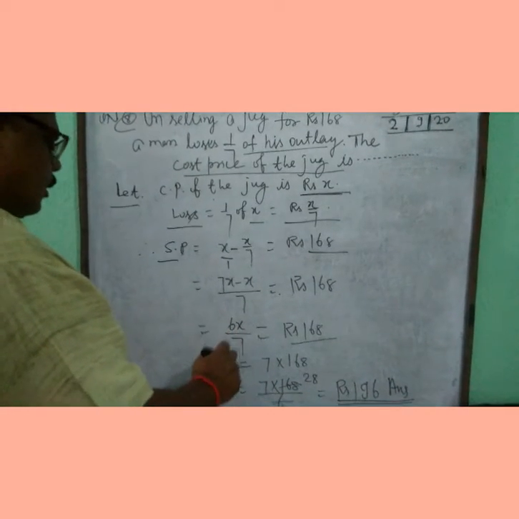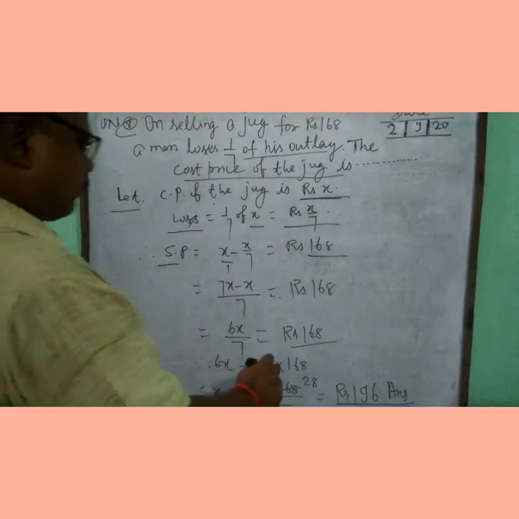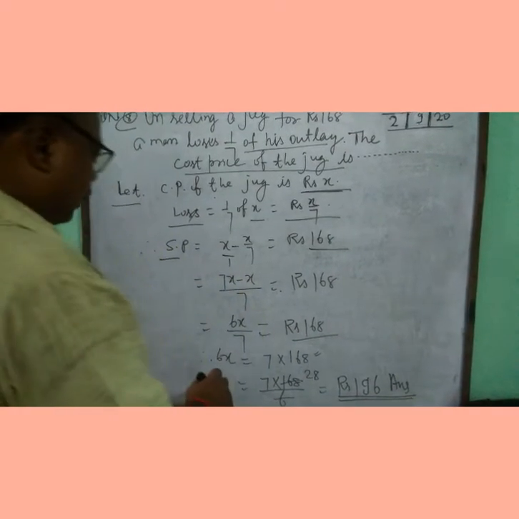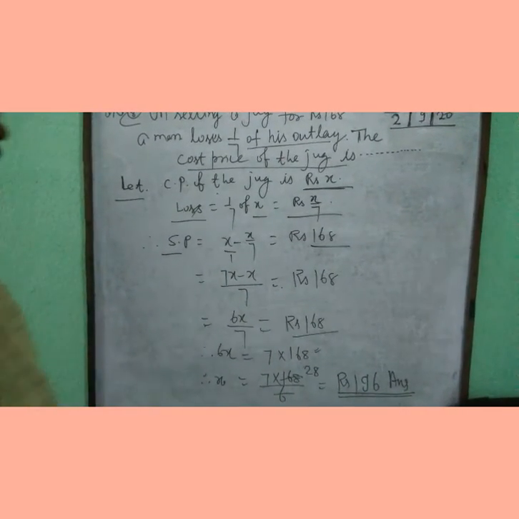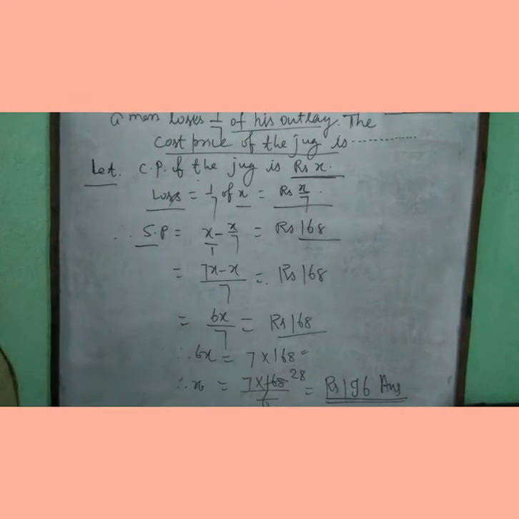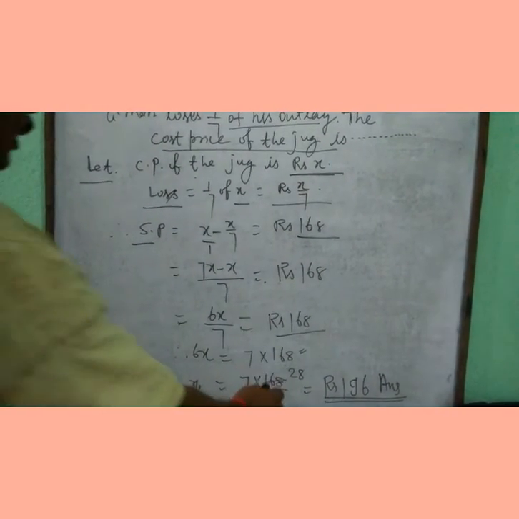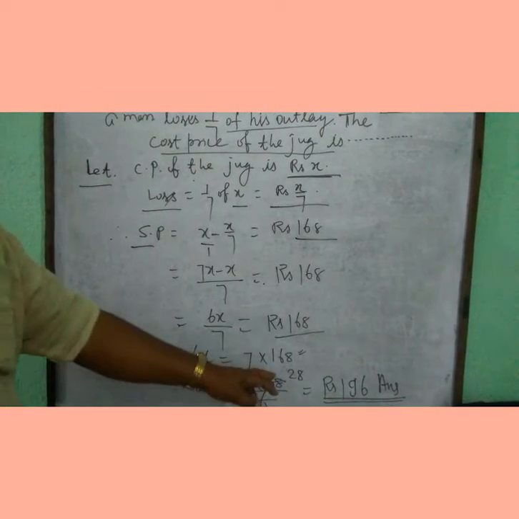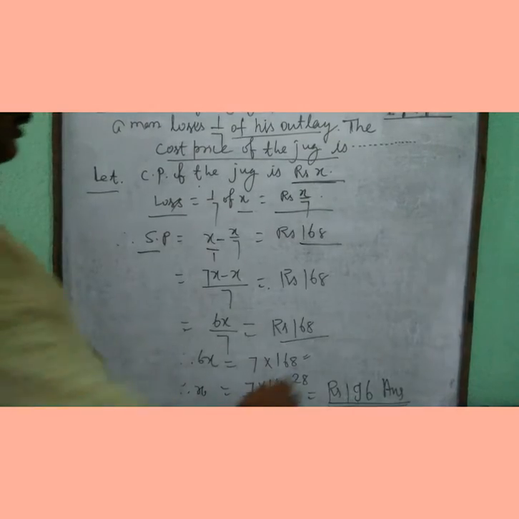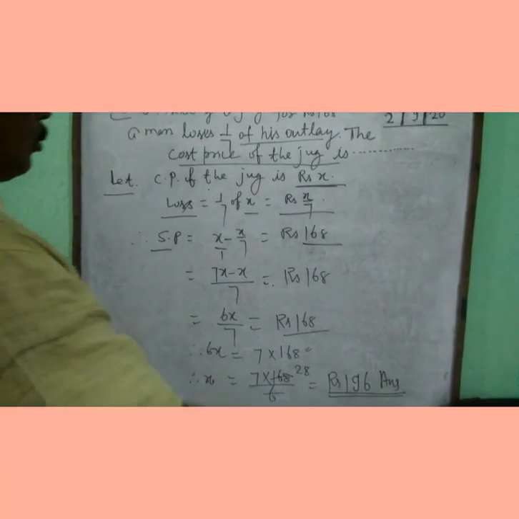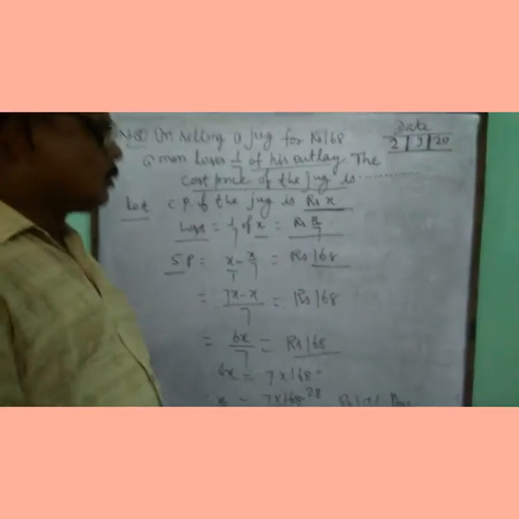Therefore 6x is equal to 7 multiply 168, cross multiplication. Therefore x is equal to 7 multiply 168 by 6. 28 6 is 168, and 7 multiply 28 is equal to Rs 196. So CP of the jug is equal to Rs 196.